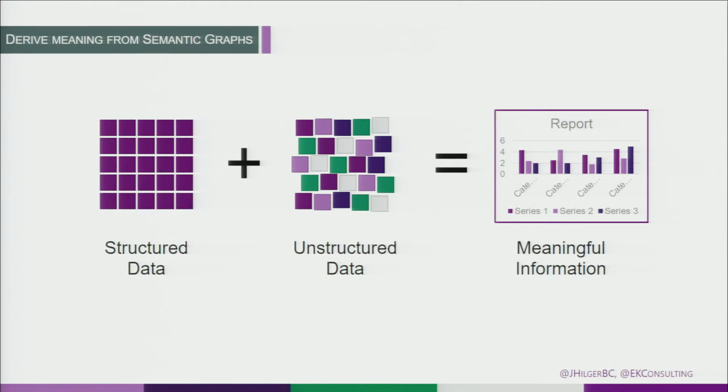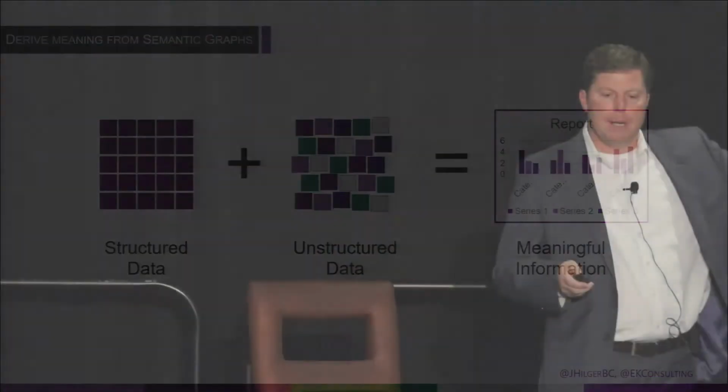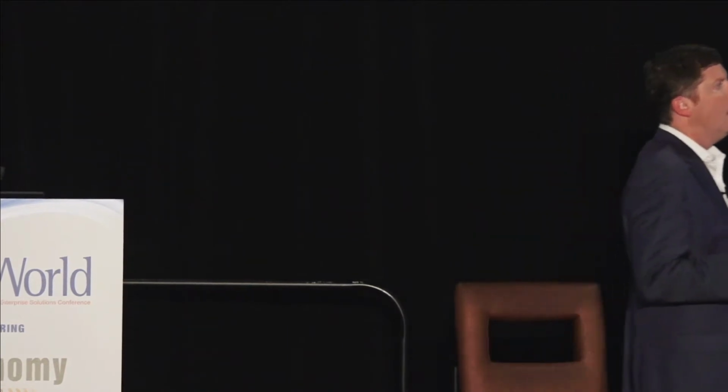So I've been doing this for 25 years. This is something that's been going on for quite a while. And so as we move forward, I'm going to give you 2 examples of how this is done and how we're able to pull disparate information sources together to create that unified view of information that's meaningful, graphs and charts, the kind of stuff where you can do real analytics off of it.